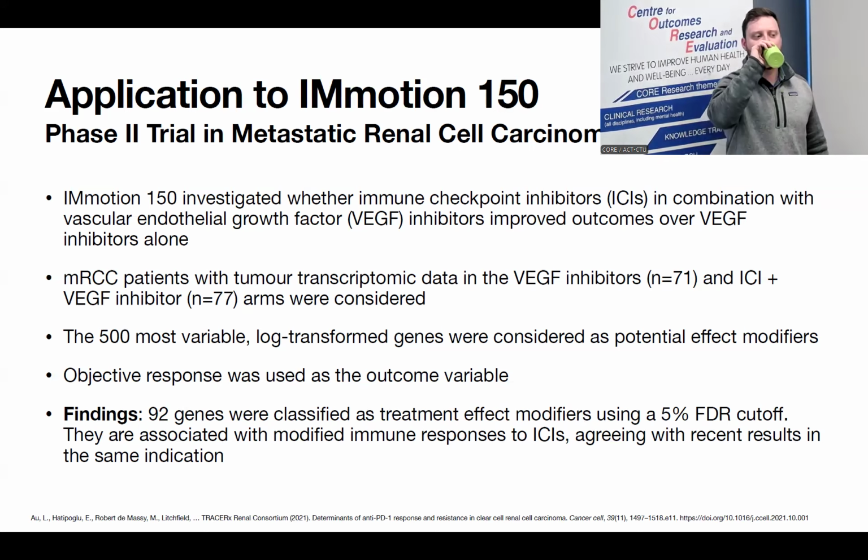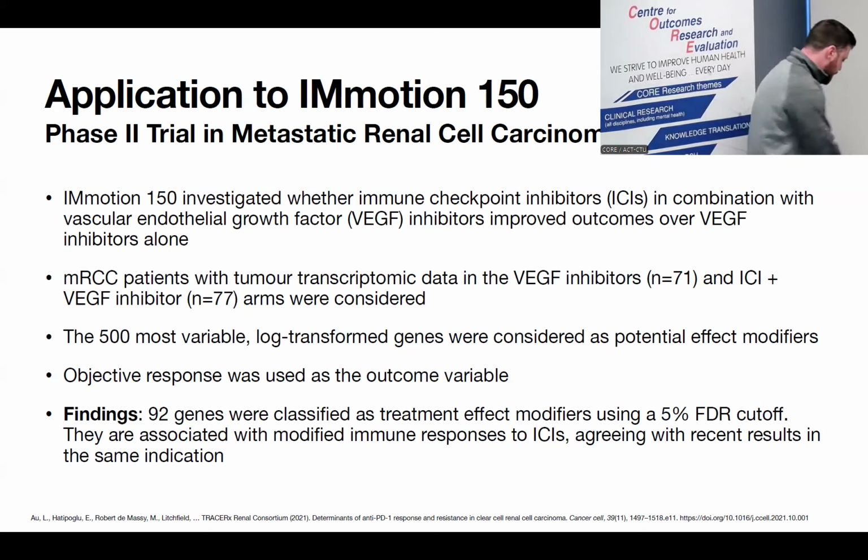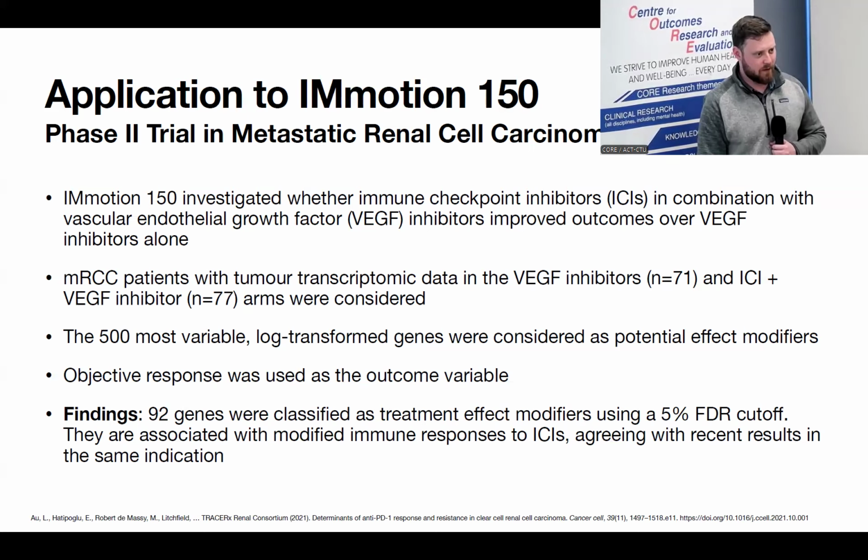I'm very interested in the modifying effect of sex in trials. More often than not, we have the forest plot with the subgroups, and for women there's a very wide confidence interval because very few women are included in trials, and for men it's much narrower. But more often than not, no effect modification is found in many of the trials.